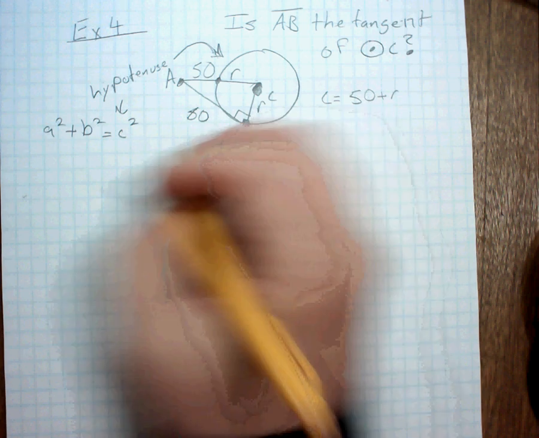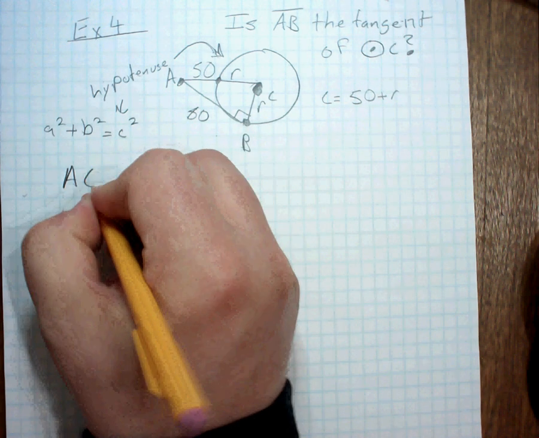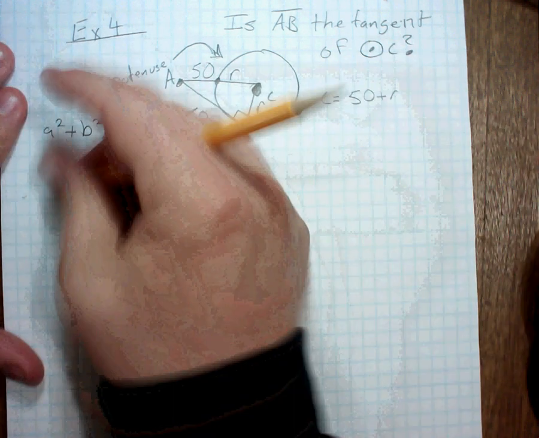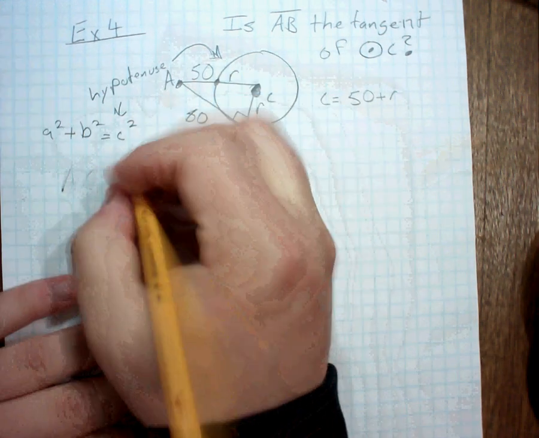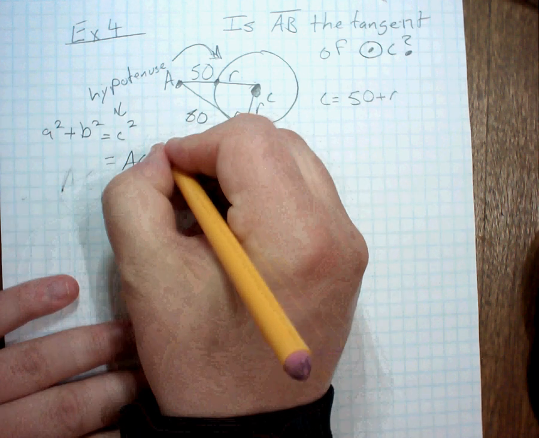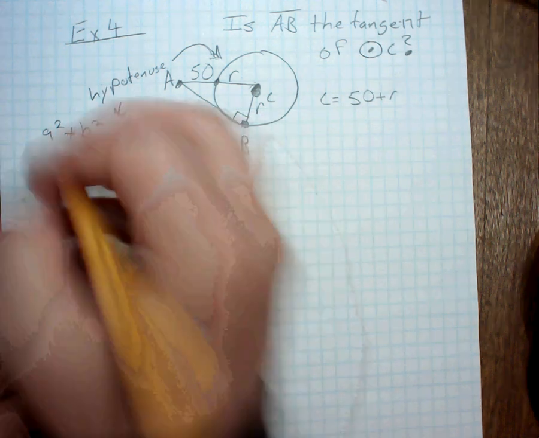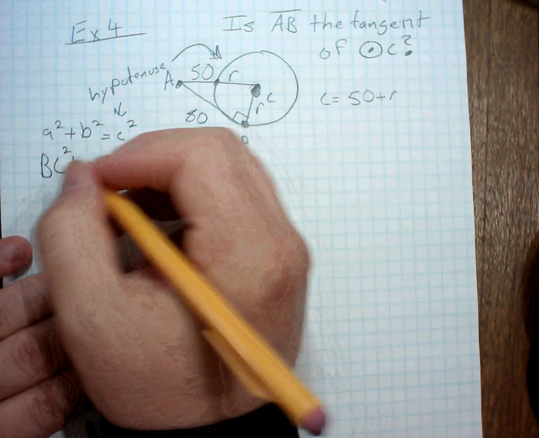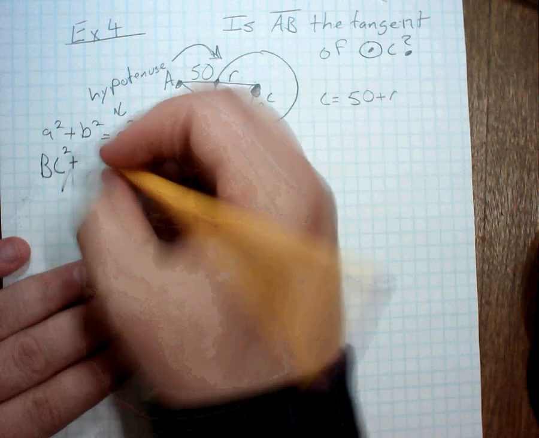So another way to look at it is I could say AC. In other words, we identified that AC is the C part. So I'm going to say the line segment AC squared should equal BC squared plus AB squared.